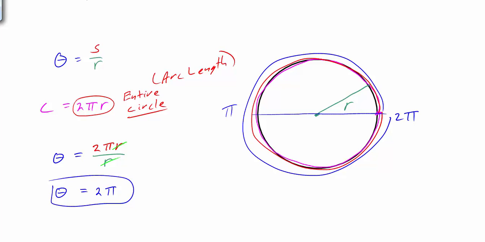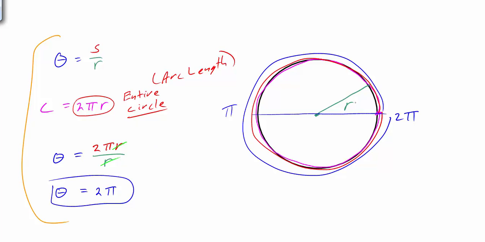So this hopefully over here will give you an idea of where the idea of 2 pi and pi comes from if you think about it in terms of using the formula for circumference, which is 2 pi r. So once again, if you don't completely understand this explanation here, that's perfectly fine. Maybe you want to come back and review this again, but I just wanted to show you where all of this is coming from.